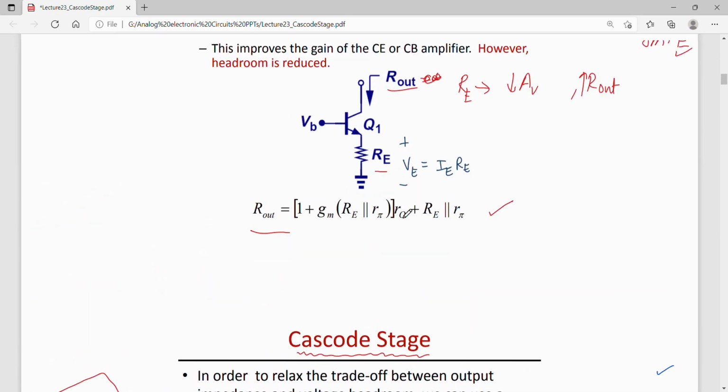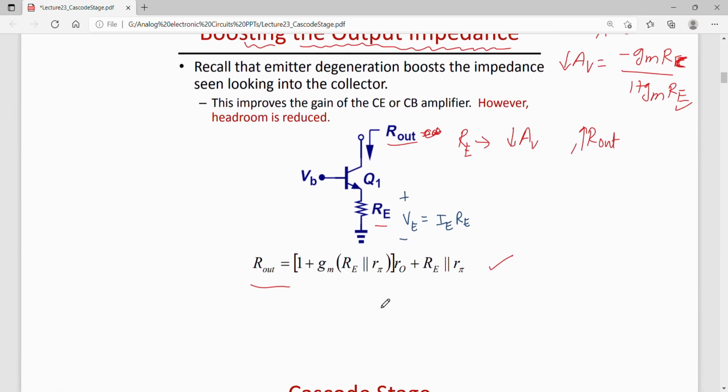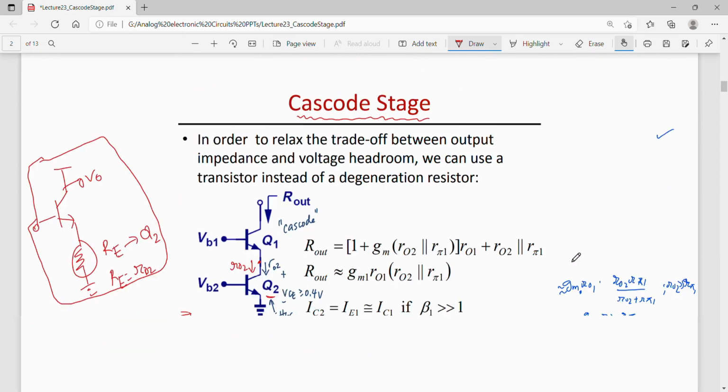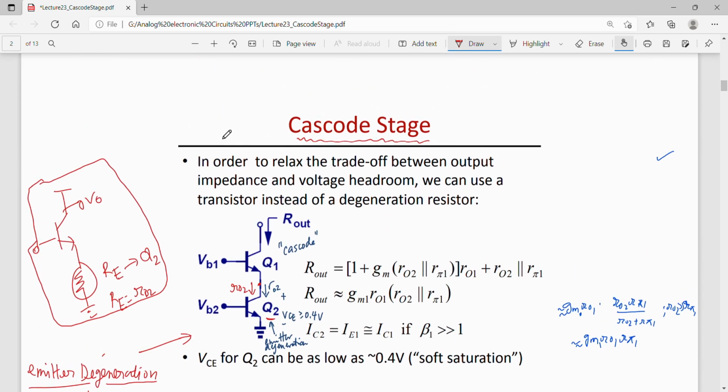So one can simply replace RE by RO2 in the previous equation of output impedance. That gives me the output impedance of this circuit, where RE is replaced by RO2 here and RO2 here.